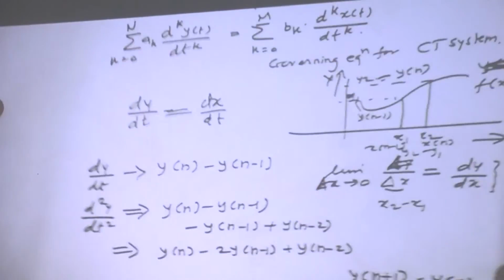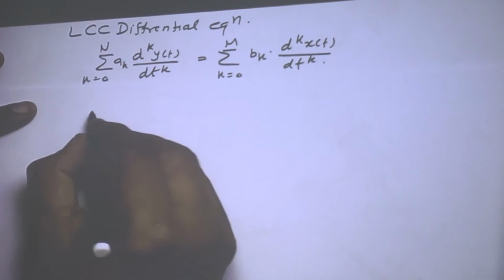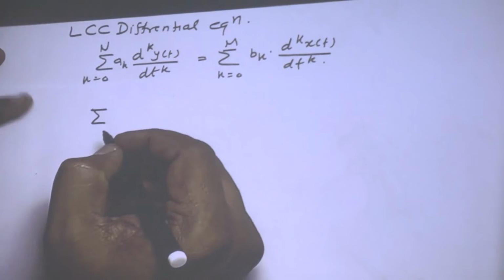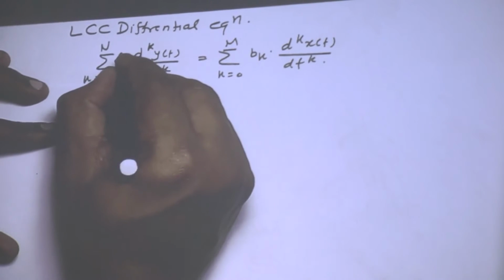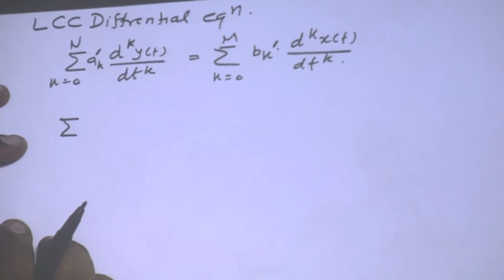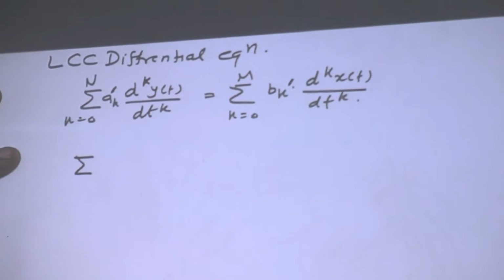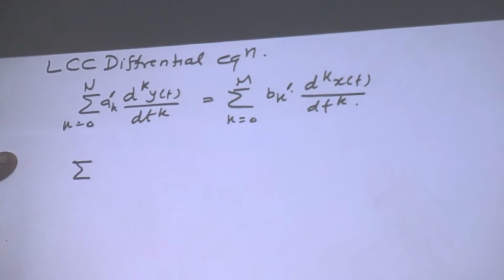So in general, this differential equation becomes a summation of terms. I'll make a dash here, ak dash, because I want to use the same ak and bk for the difference equation also. So you combine all y of n, you combine all y of n minus 1, y of n minus 2 and so on.